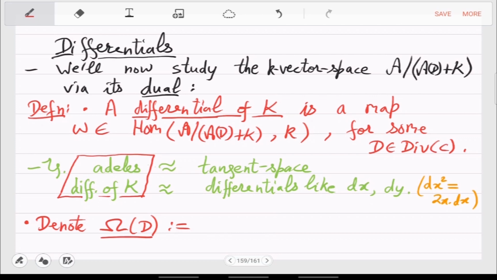So this is the hom. Okay, so big omega d is for a divisor, these linear transformations from adel quotient to the base field. This is a set of differentials, and now we'll study properties of this.